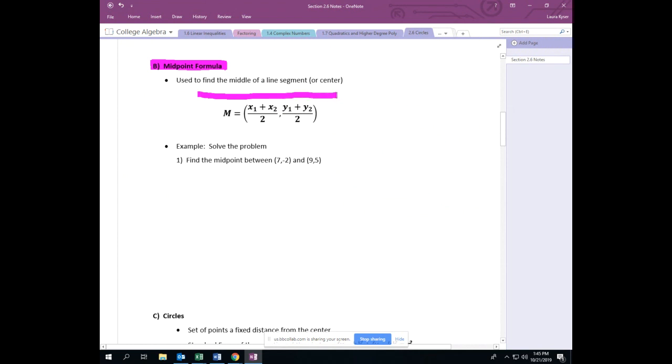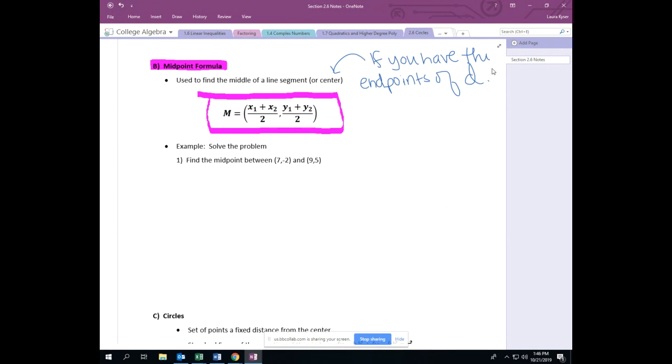Now, this can be very helpful when you are trying to find the center of a circle, because it can be used to find the center if you have the endpoints of the diameter. So if it says here are the endpoints of the diameter, find the center, you're just throwing these things into the midpoint formula.